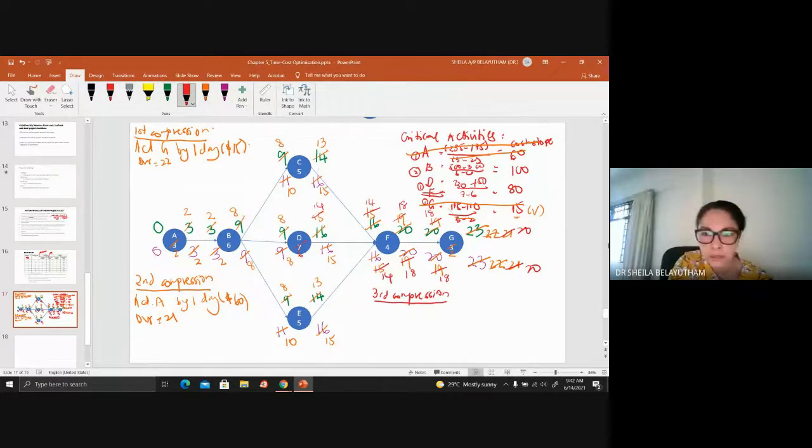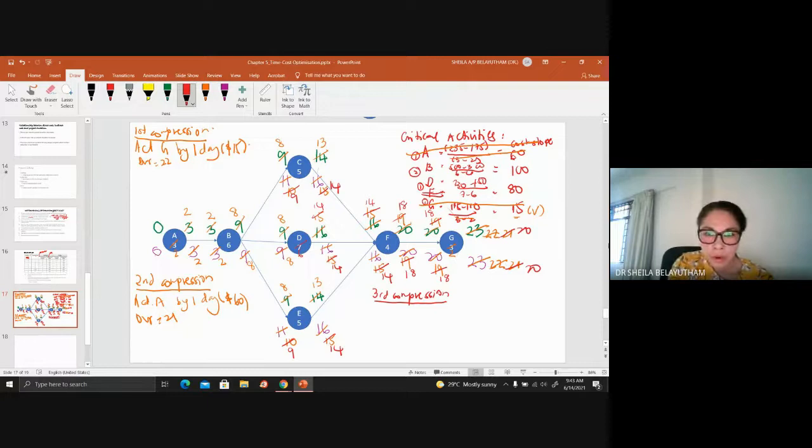Okay, so coming backwards, you have 14 minus 5, you get 9. From here, 14 minus 6, you get 8. From here, 14 minus 5, you will get 9. So you have 9, 8, 9. So 8 is lower. Okay, so it's the same. From here, it will be the same. So it shouldn't be a problem.